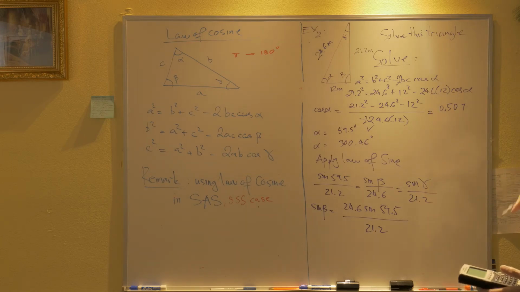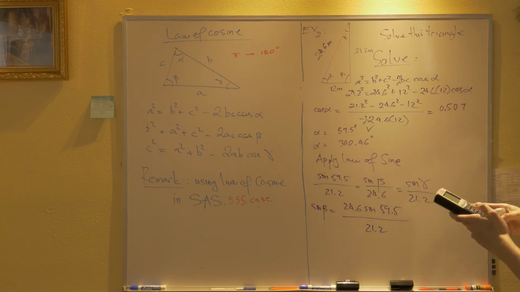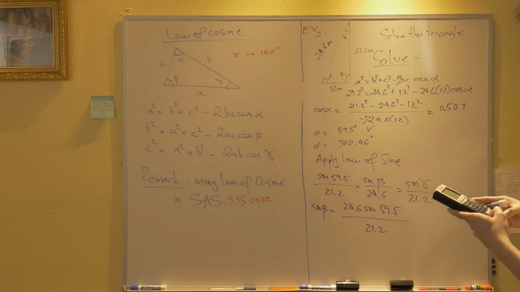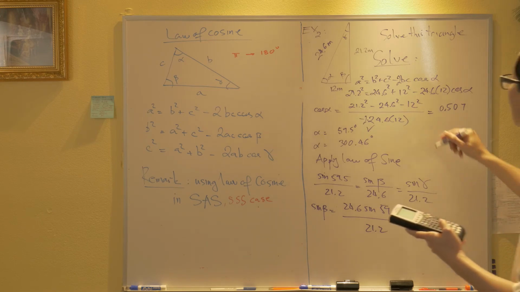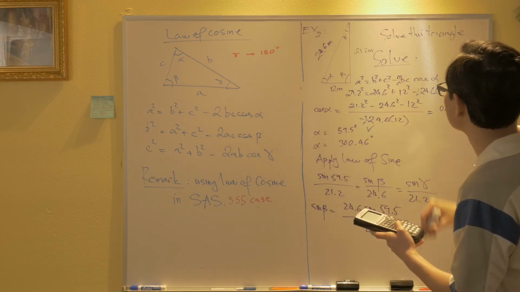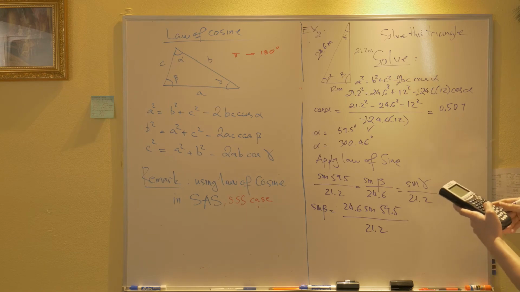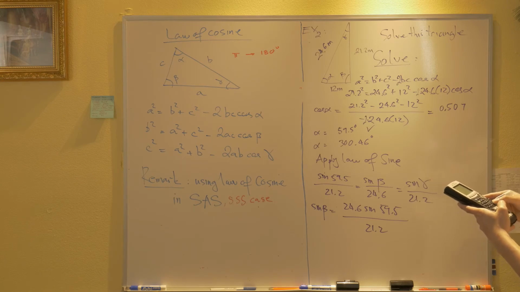So 21.2 squared minus 24.6 squared minus 12 squared, divided by 2 times 24.6 times 12.